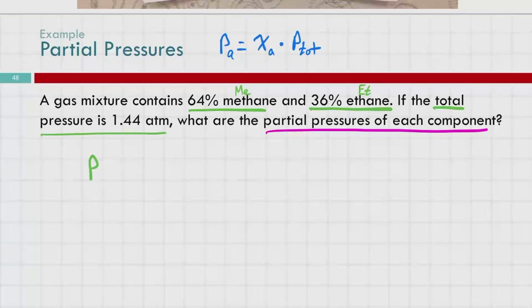So our partial pressure of methane is equal to our fractional composition of methane. So we're going to take this 64% and divide it by 100. So it's 0.64. Multiply that by our total pressure of 1.44 atmospheres.